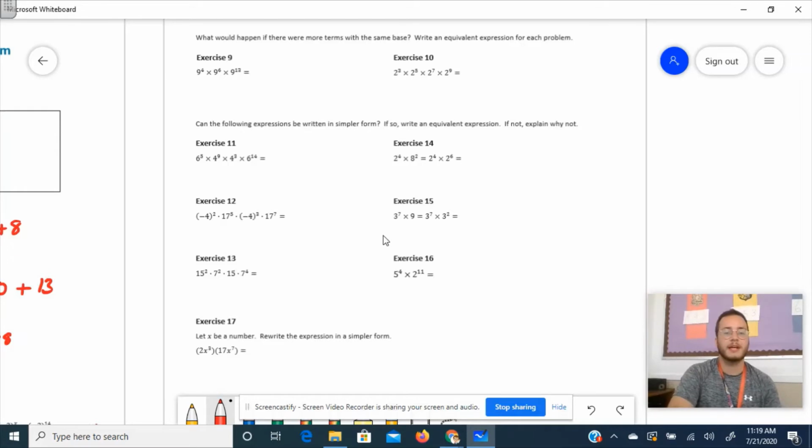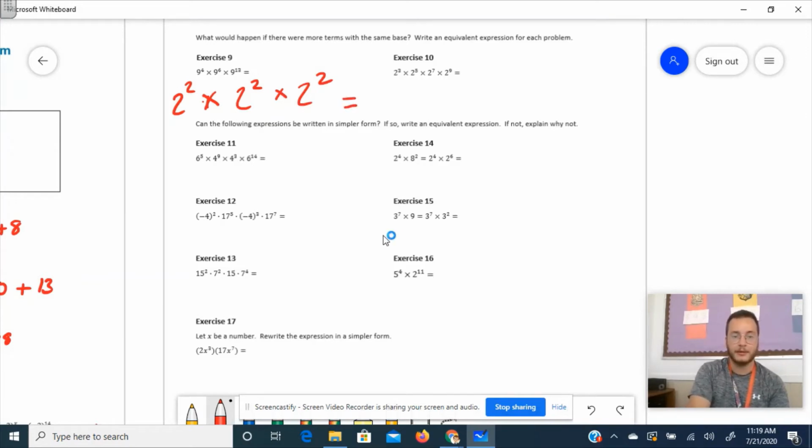Then we move on to exercise 9 and exercise 10. It asks you what would happen if there were more terms with the same base. Write an equivalent expression for each problem. Well, let's look at it. Let's not even look at exercise 9 yet. If I told you I had 2 to the 2nd power times 2 to the 2nd power times 2 to the 2nd power, are all the bases the same?